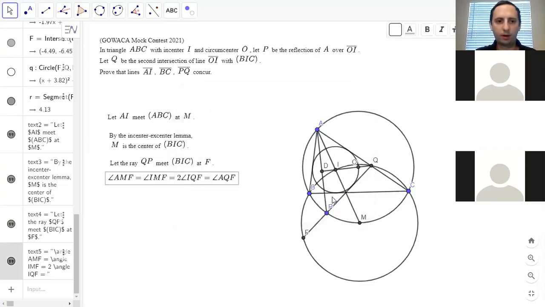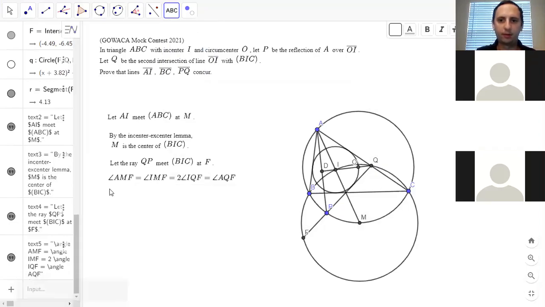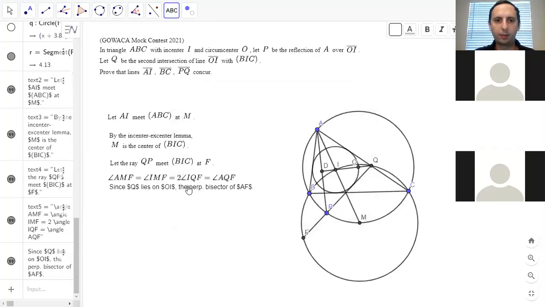I'll just say, since Q lies on IO, which is the perpendicular bisector of AF. Or I don't think it's AF, I think it's AB or AP, whoops.